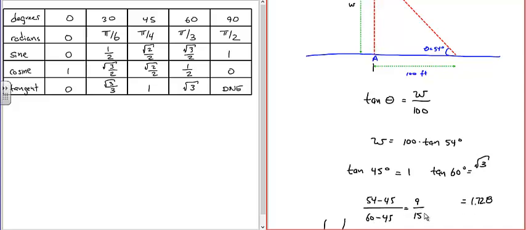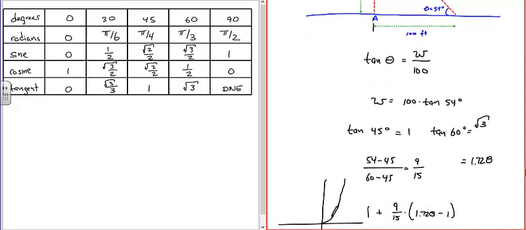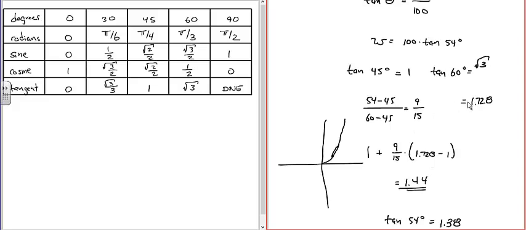So that ratio you use, and then you multiply it by the difference between the tangent at 60 and the tangent at 45. Tangent at 60 is the square root of 3, which is 1.728. Subtract 1, which is the tangent of 45, multiply by this ratio, and add it to the tangent at 45 degrees, which is 1, and you get 1.44.